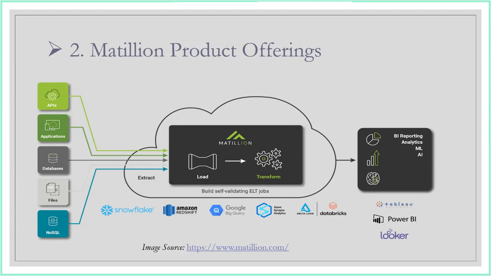There we can use Matillion: we connect to S3 where the client has put the file and load it from S3 to Snowflake. That is how it has integration with multiple services in the cloud.